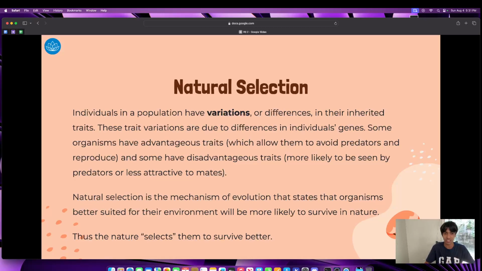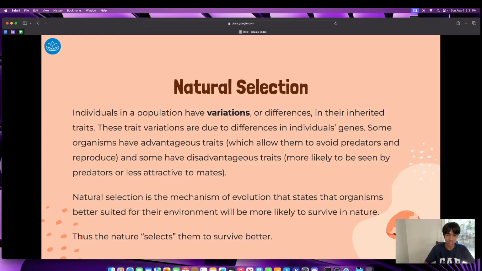Here you can see the word advantageous has the word advantage in it. So advantageous traits are good and allow them to hide from predators, and disadvantageous traits have the word disadvantage in them, and obviously they're bad, and they're more likely to be seen by predators or less attractive to mates.